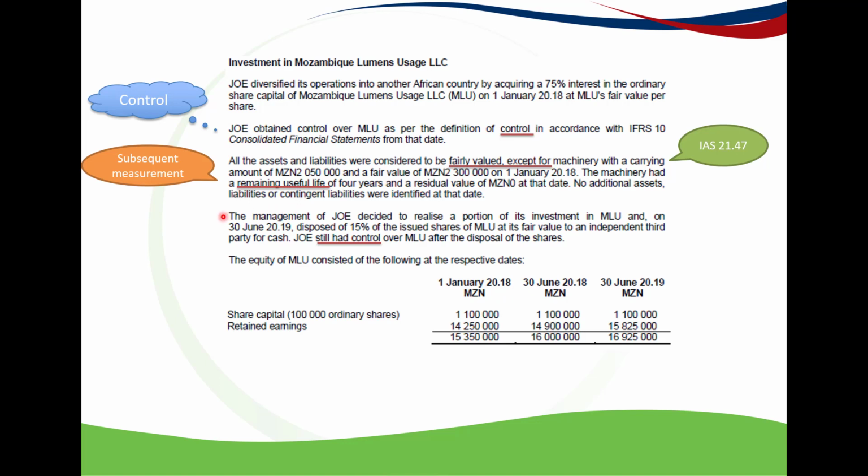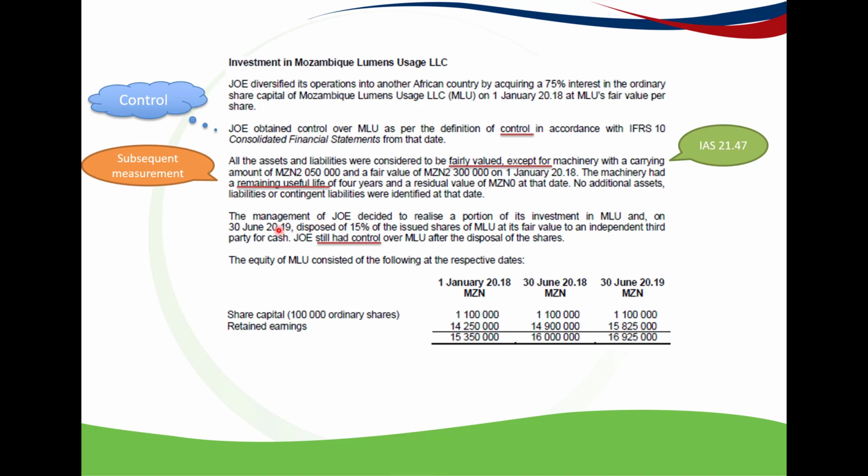But then, do you remember that in the additional information we read that where there's an owner's equity transaction, the difference between the consideration paid and received and the amount with which NCI changes is disclosed in a change in ownership column? Here is our information relating to that. The management decided to realize a portion of its investment in Imlu, and on year end, so we know for our purposes we do not need to split the portion of the profit attributable to NCI using different shareholding rates.